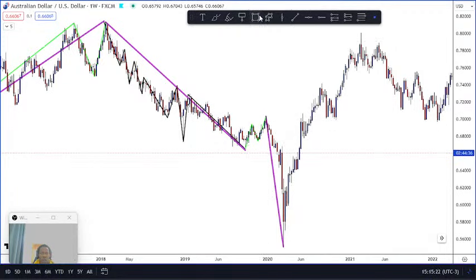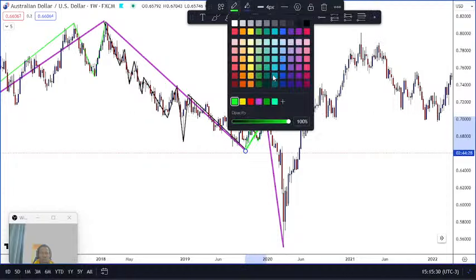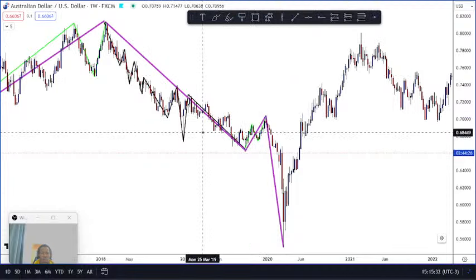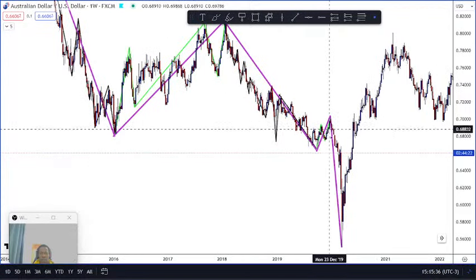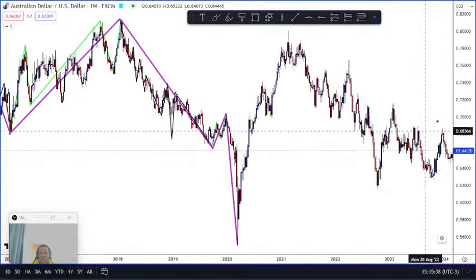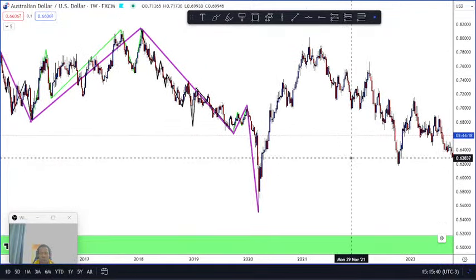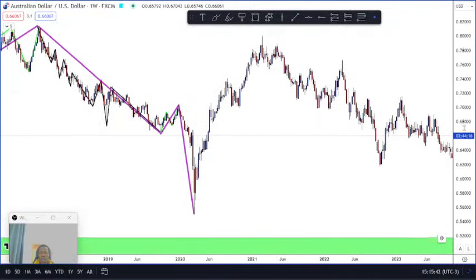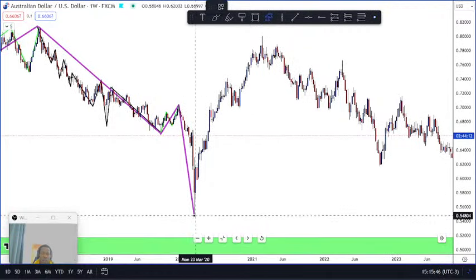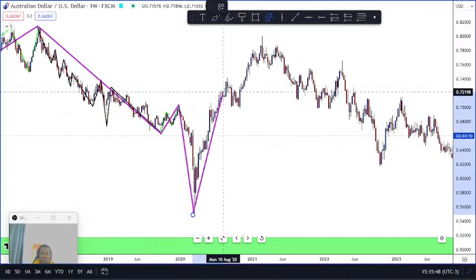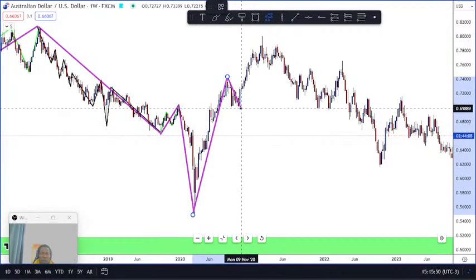All right, and I'm going to, I forgot. All right, so extension, retracement, extension, retracement, extension. Then what happened? The market made what? The market made a higher highs. So we have a higher highs, higher low.